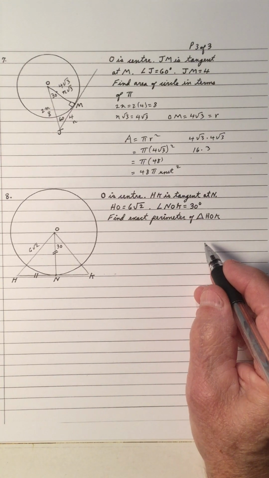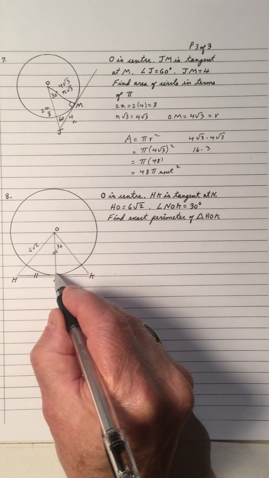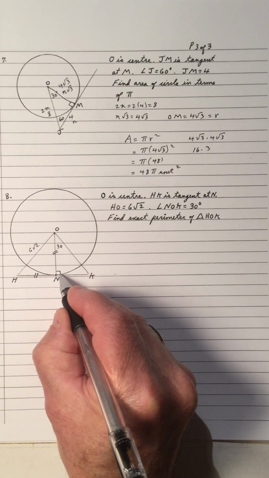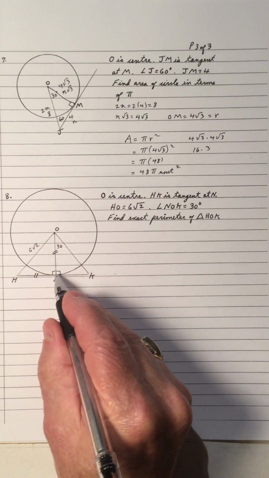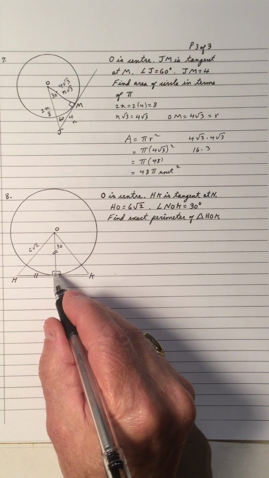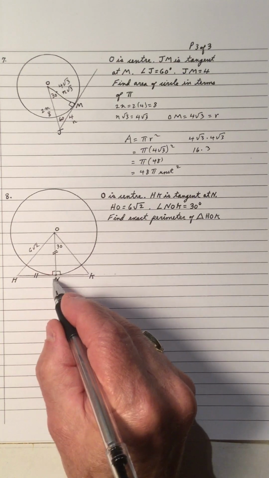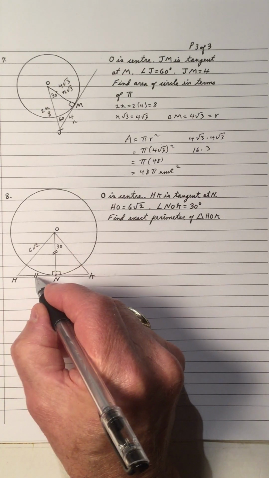So this is tangent. Because that's tangent at N, this radius ON and the tangent meet to form a 90-degree angle. So these are perpendicular. ON is perpendicular to HK at the point of tangency, so that's a 90-degree angle. Now, because we have these two sides, ON equals HN, that means these two sides are equal.